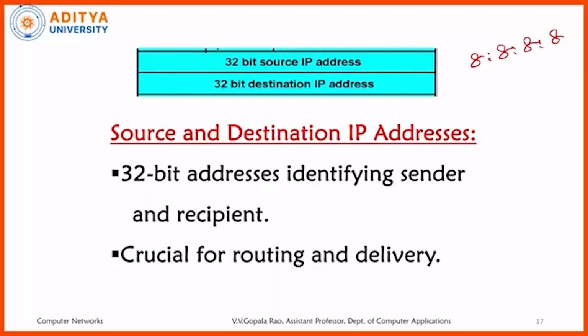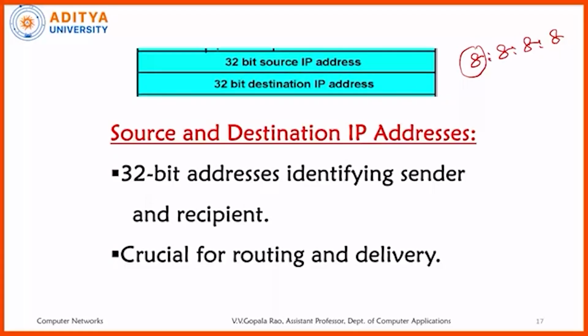This is the way the source IP address can be classified. We will see in future lessons how these 8 bits can be called, what is the role of the leftmost 8 bits, and what other notations are given for the other 8-bit portions in the IP address.